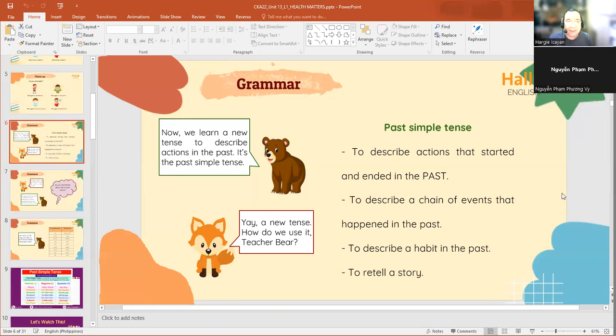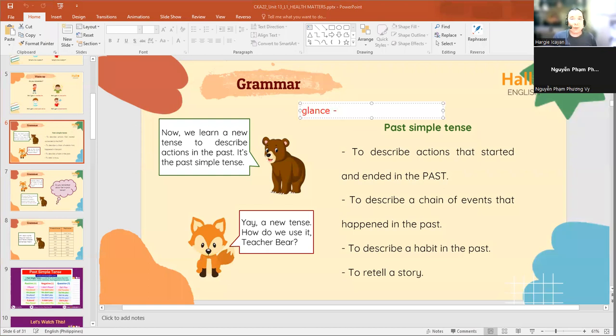Right, V? Okay, aside from dance, we also have glance. If we form the past simple tense of glance, we just add only D. So it becomes glanced.